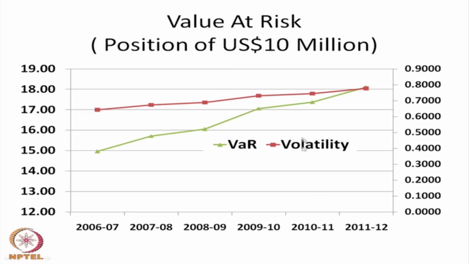The red line is the volatility on the secondary axis, and the loss is in millions. My VaR in 2006-7 is around this level, in 2007-8 it is higher, and it keeps increasing over the years. This indicates how much I am losing over the years; the loss is increasing.